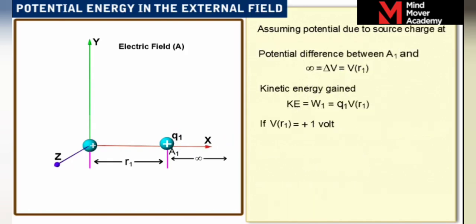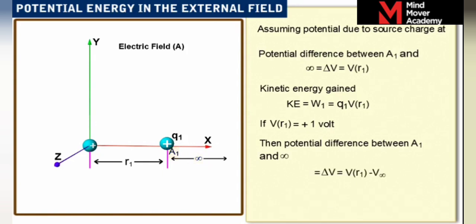If V1 is plus 1 volt, then the potential difference between the point A1 and infinity is delta V is equal to V1 minus V infinity, which is equal to plus 1 volt.